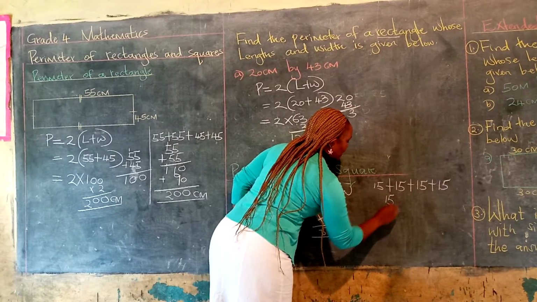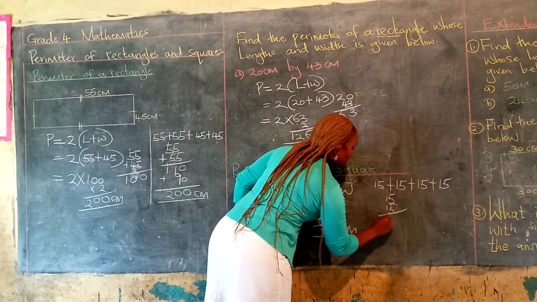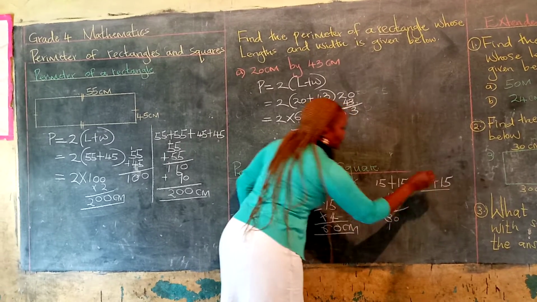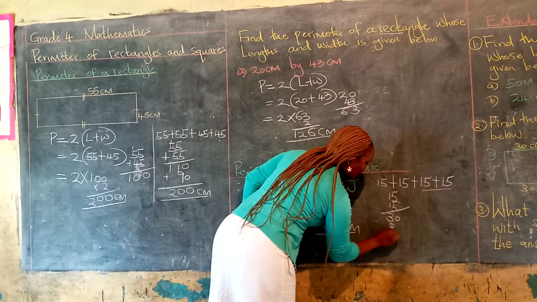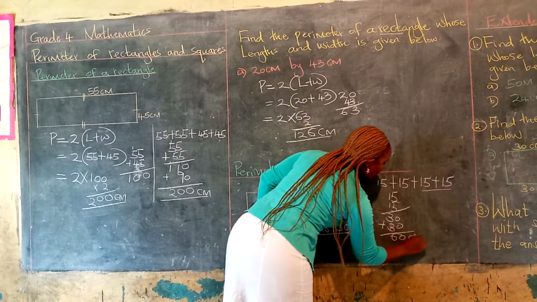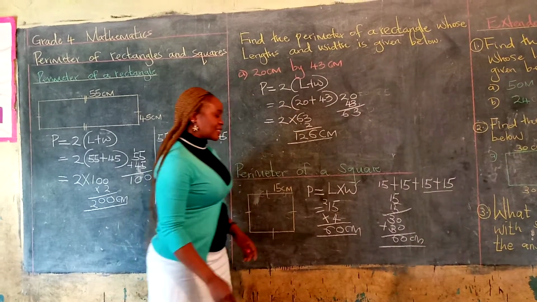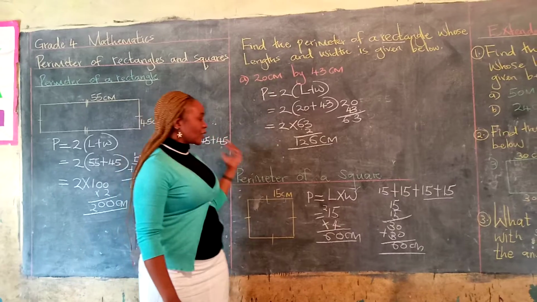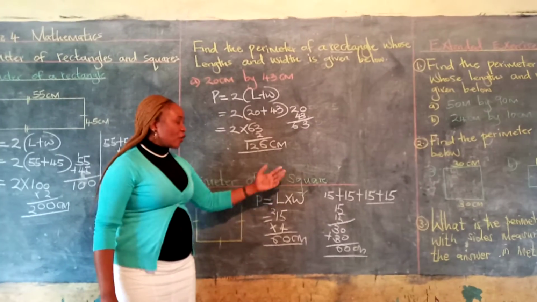So let's do it vertically. That is 30. Then you add 15 plus 15, that is another 30. So you can see we have got to the same answer, that is 60.